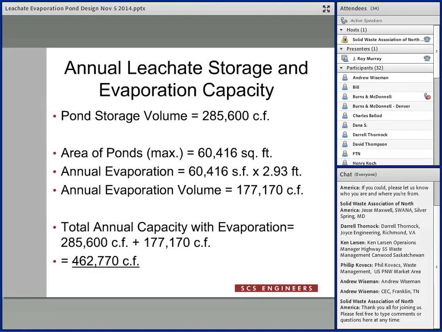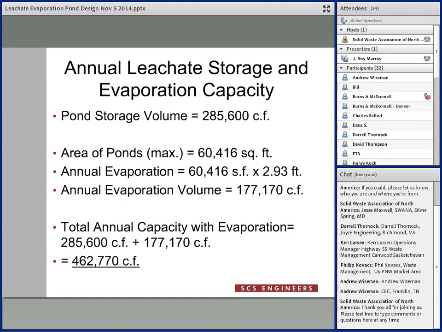So the pond storage, we're looking at the 2-acre pond storage holds about 285,000 cubic feet of leachate, and the pond area is 60,000 square feet. So we multiplied that area times the annual evaporation of 2.93 feet, and we would expect to evaporate in your average year 177,000 cubic feet of leachate.